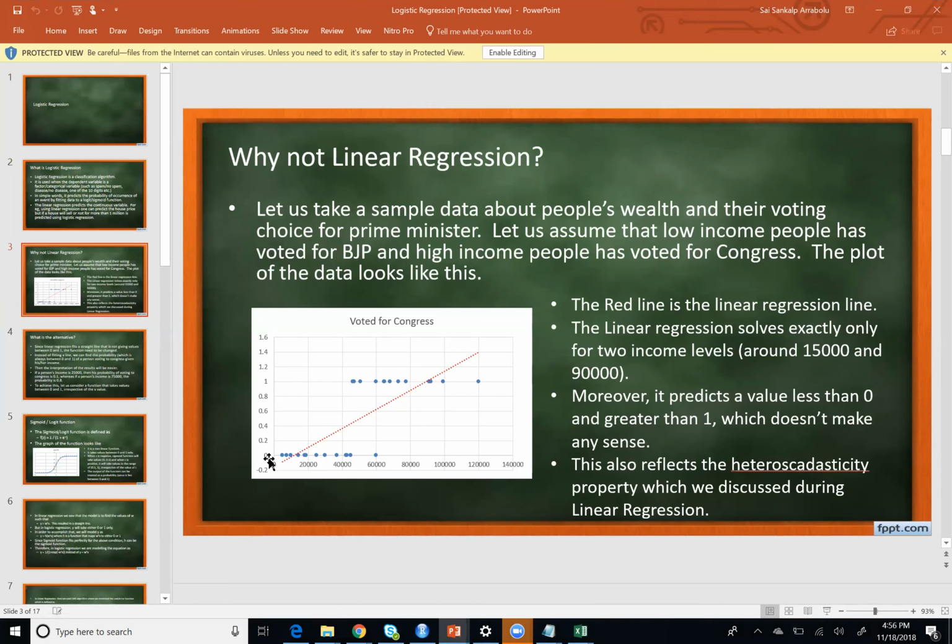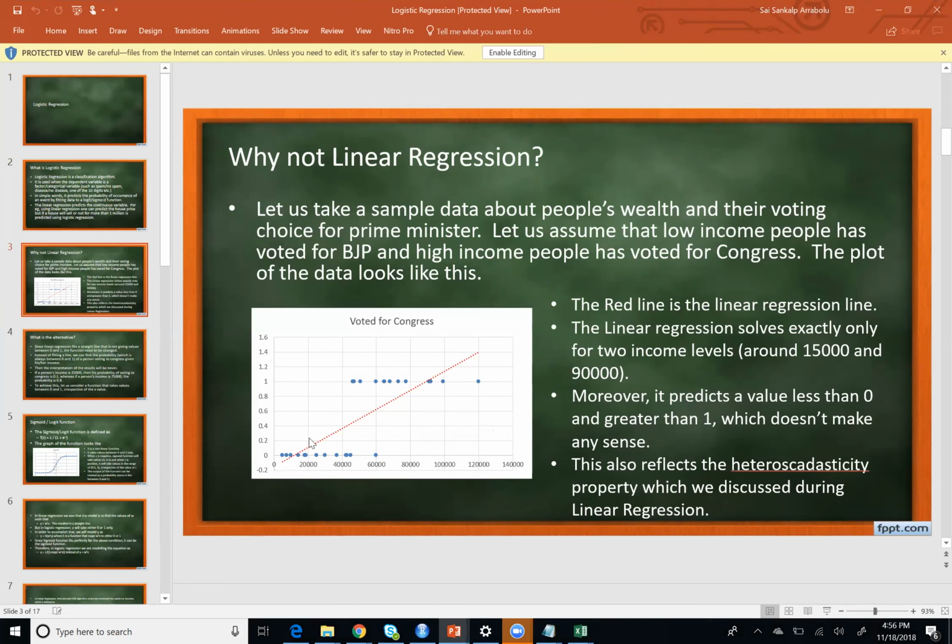In general, you have to apply some data pre-processing so that it becomes a categorical problem, because the output in logistic regression is discrete. It's not a continuous value.